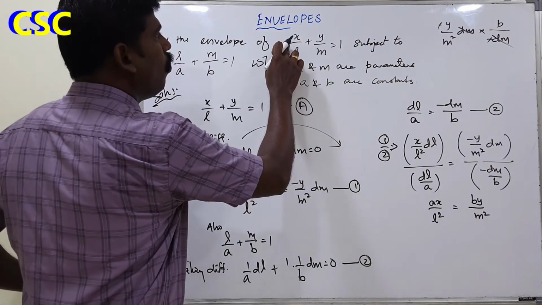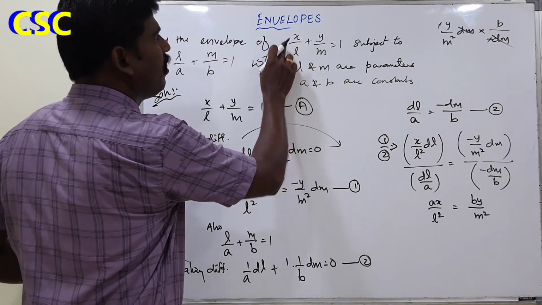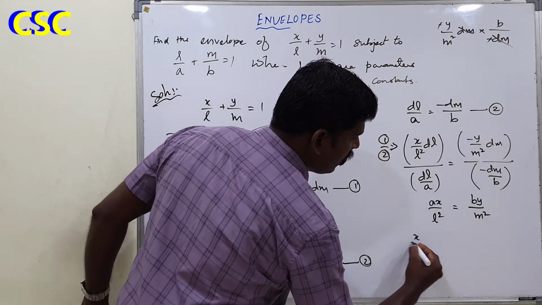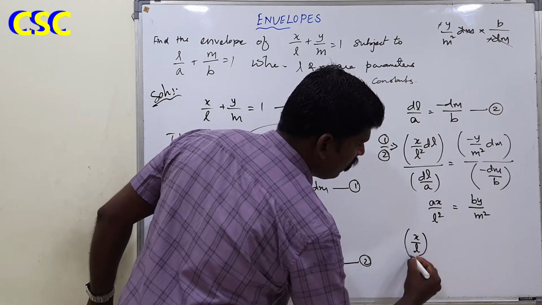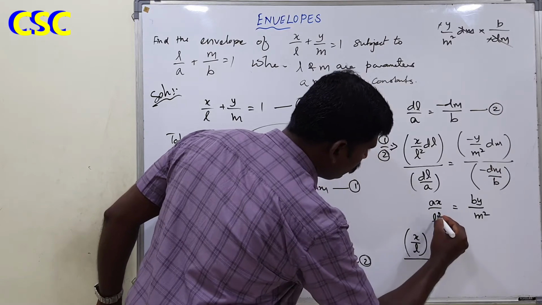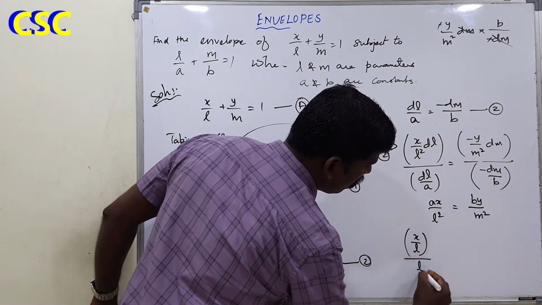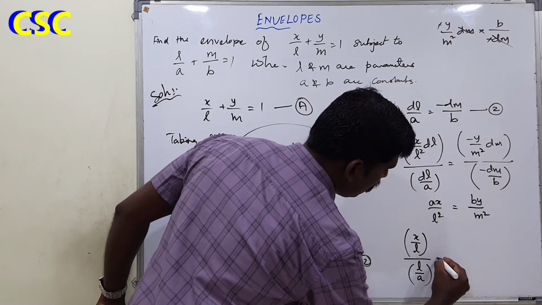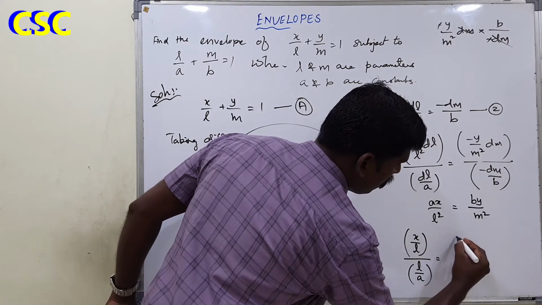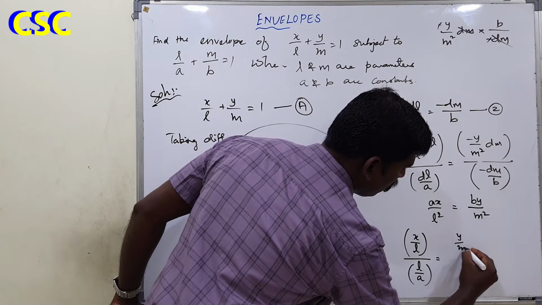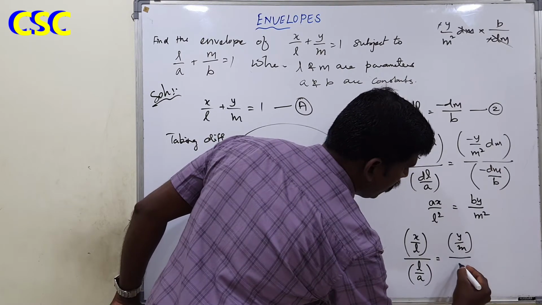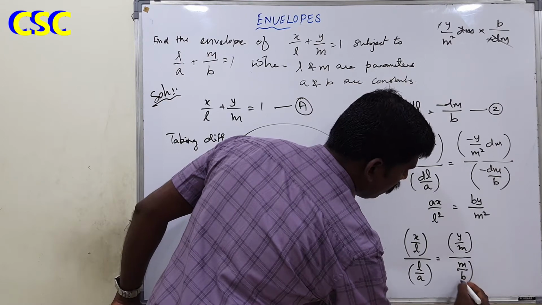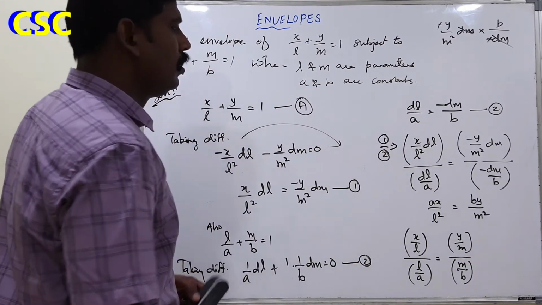Okay. So what is the relationship given in the family of curves? X by L plus y by m. So I make this equation as x by L by 1 remaining, L is here, right? I am taking this A into the denominator. Same like that, y by m by B, isn't it? So what is remaining?